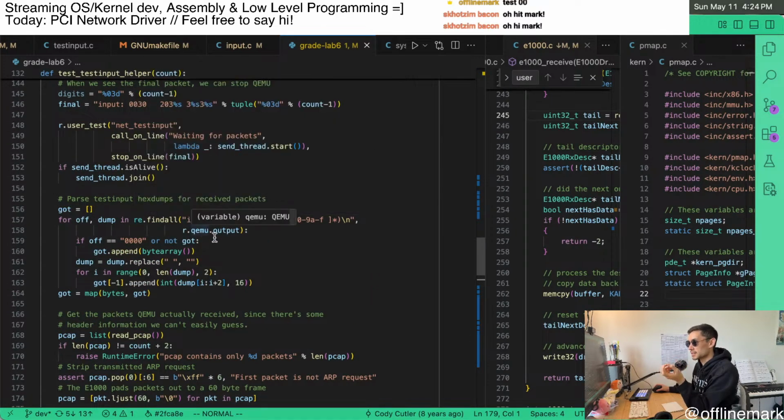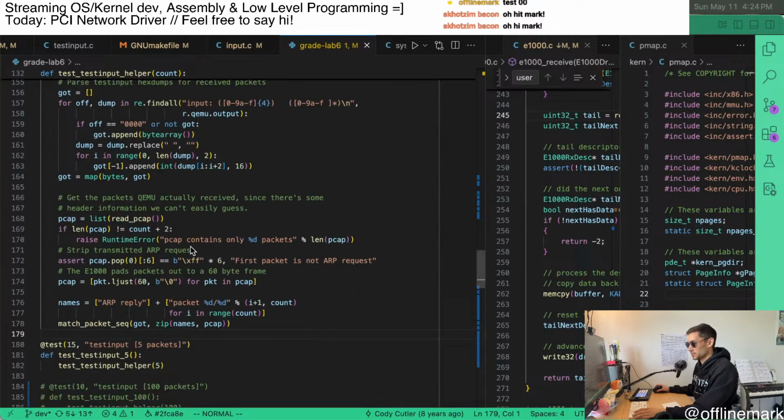Like they parse QEMU's output, for example. And I'm suspecting that could be a little bit fragile, and maybe the tests are failing because I have some differences in my QEMU output, maybe because I have print statements or something. It also does a bunch of parsing of the PCAP, which should be a bit more resilient.